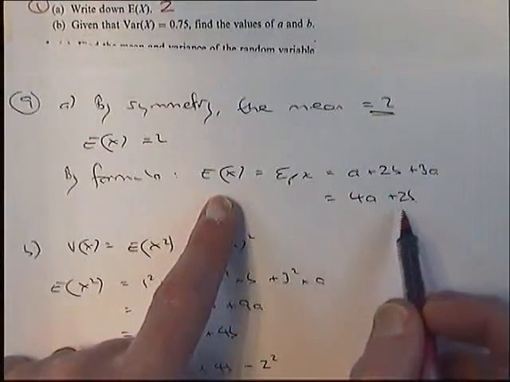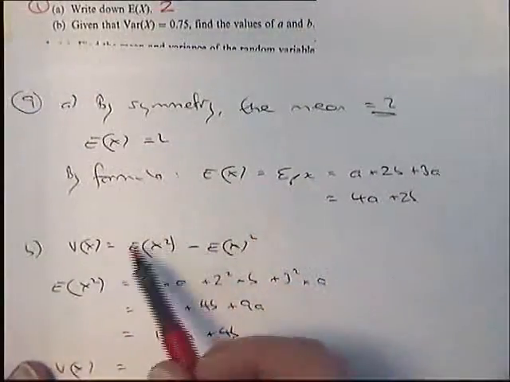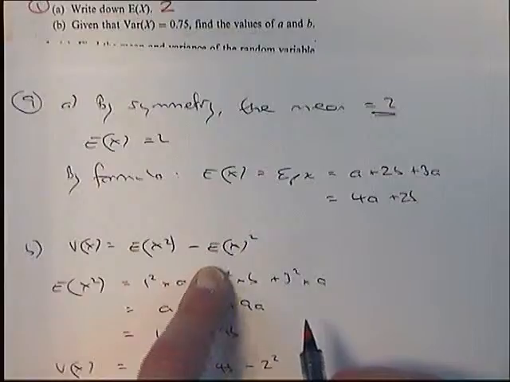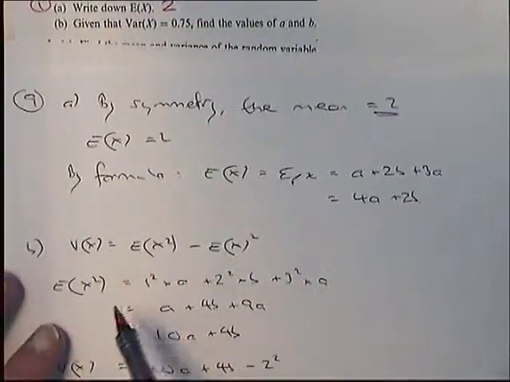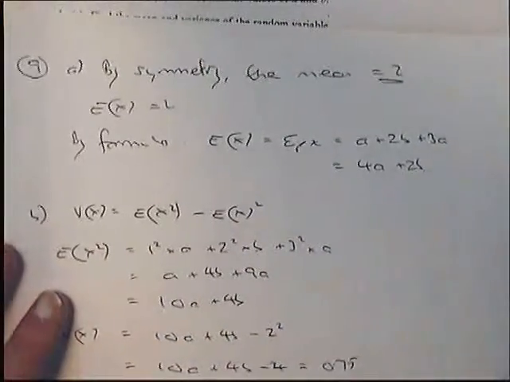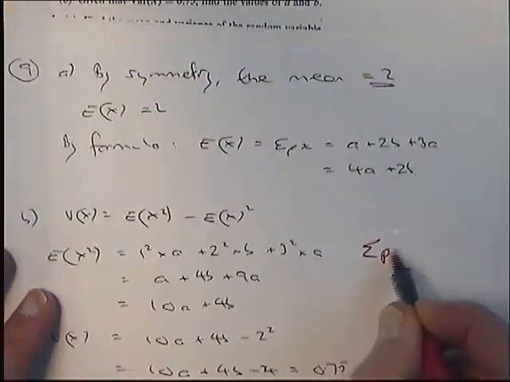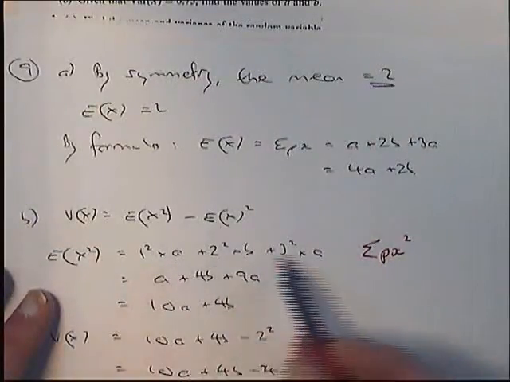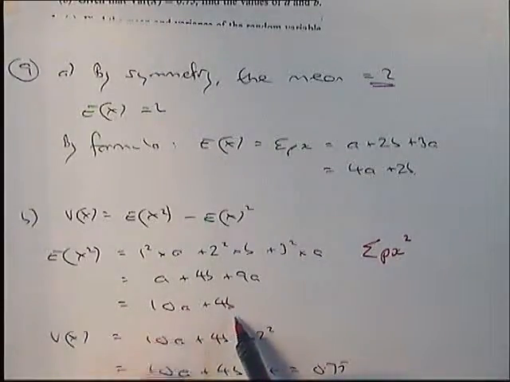We've got the 4a plus 2b, that's the formula version, the sigma px version. The variance of x is always the expected value of x squared, take away the expected value of x all squared, remember they're different things. The expected value of x squared, use the formula sigma px squared: every x value squared times its probability. Add those up, you get this bit of algebra down here.